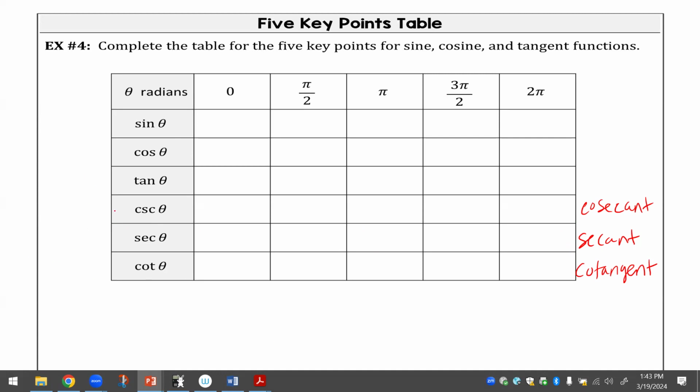Your cosecant is the reciprocal of your sine, so it's 1 over sine theta. Secant is the reciprocal of cosine, and cotangent is the reciprocal of tan, which is 1 over tan theta.